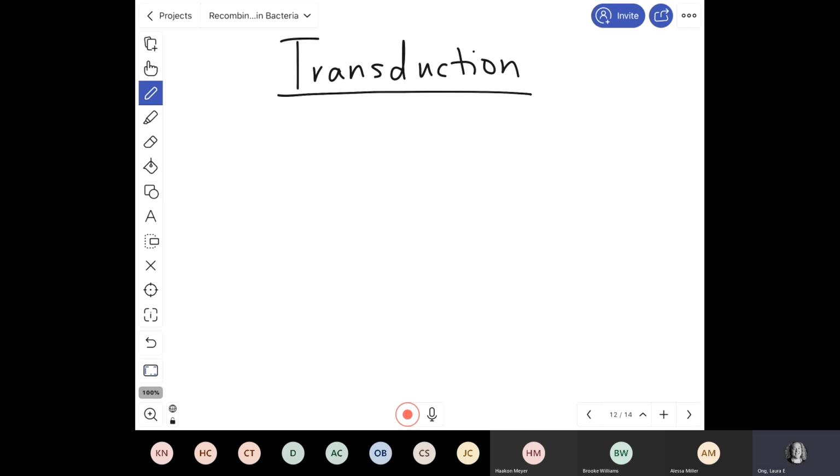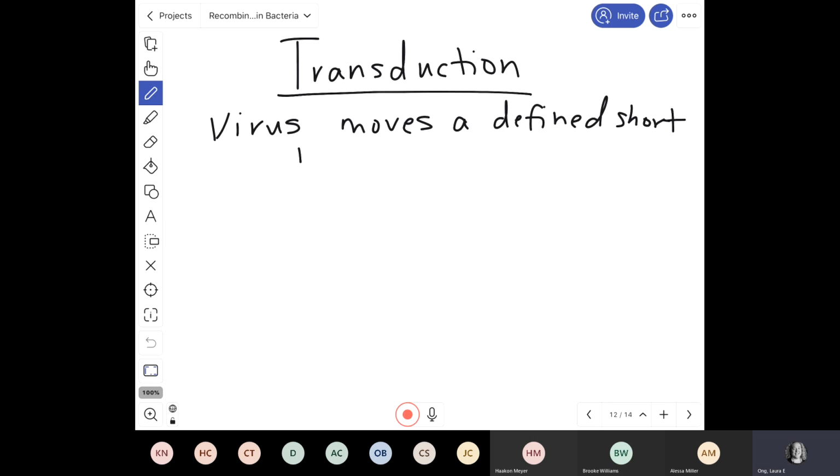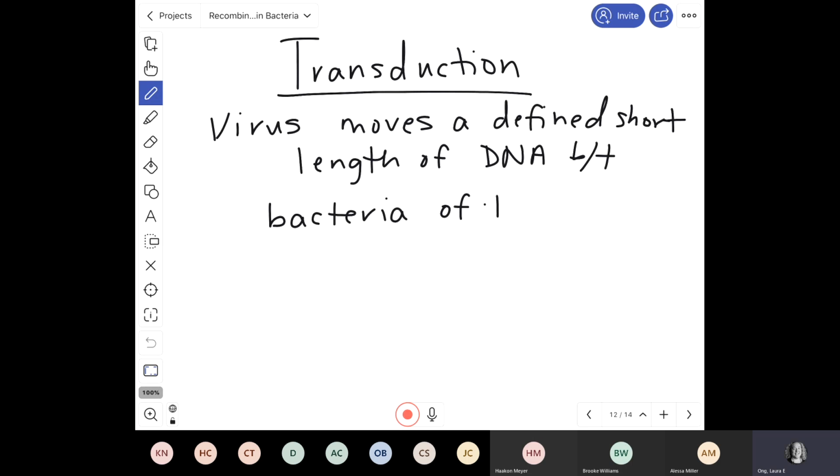You have to have a virus, and the virus is going to move a defined short length of DNA between bacteria of the same genus.